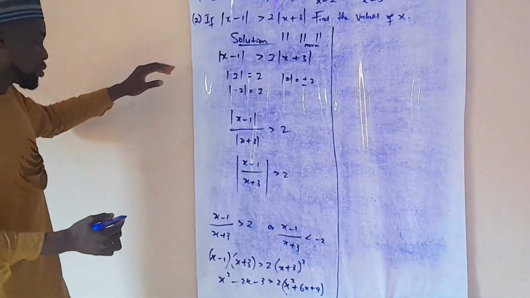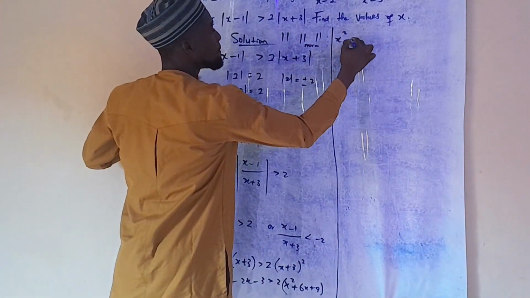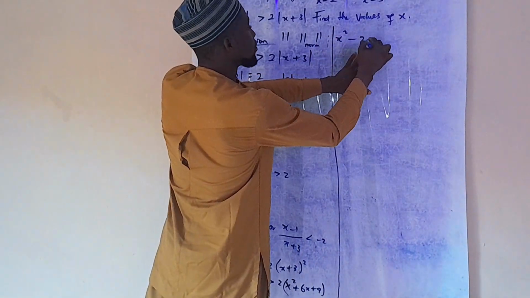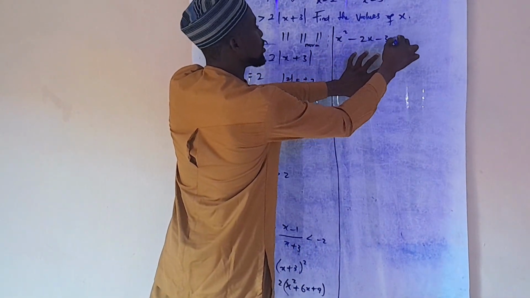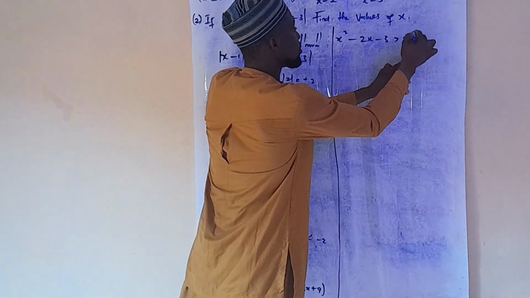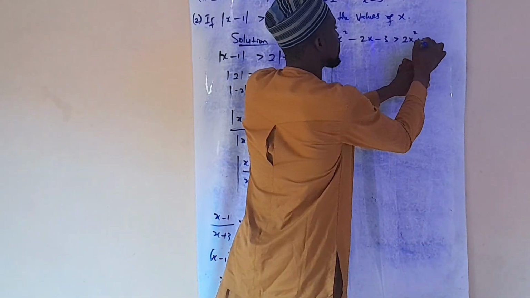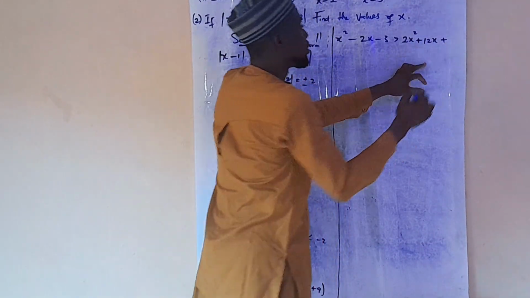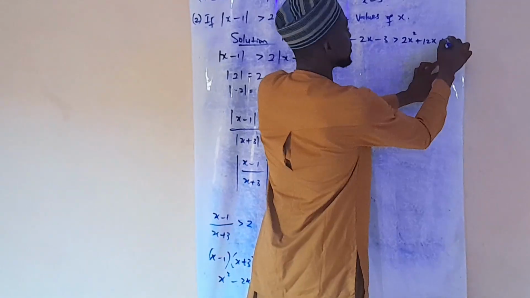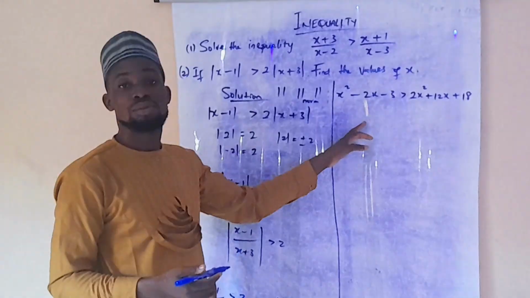Expand again: x squared plus 2x minus 3 to be greater than 2x squared plus 12x plus 2 times 9, which is 18.